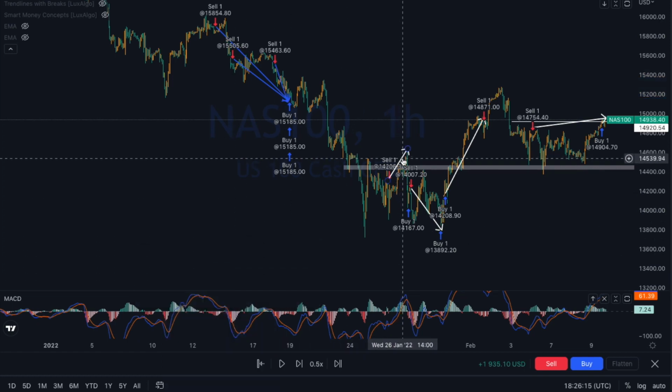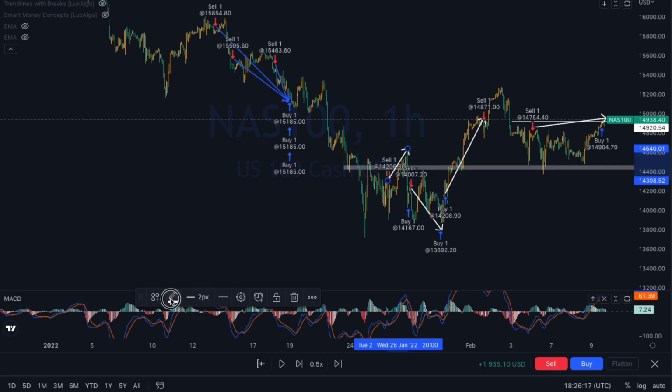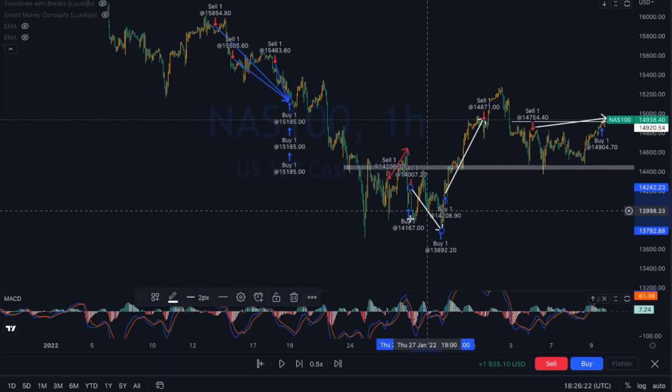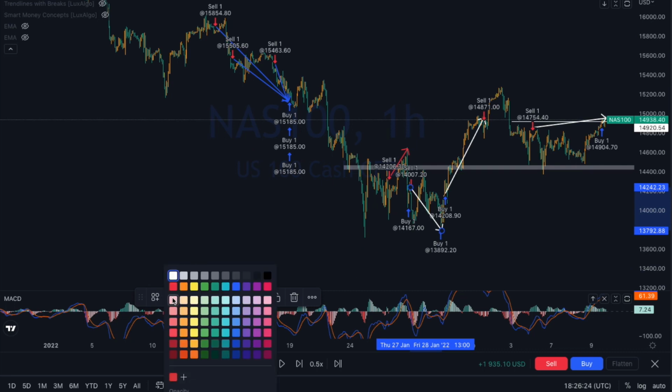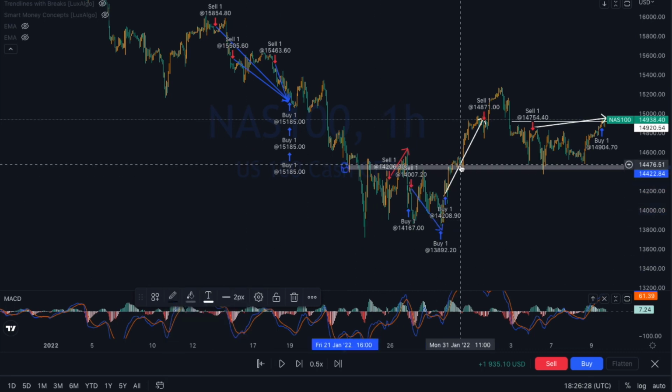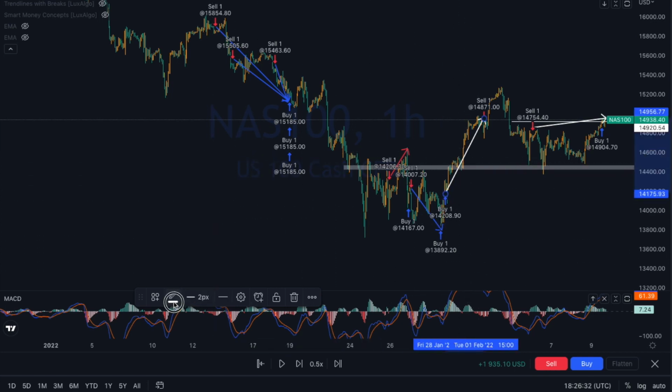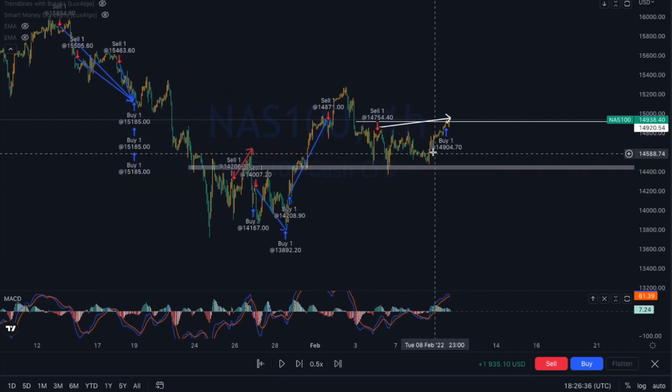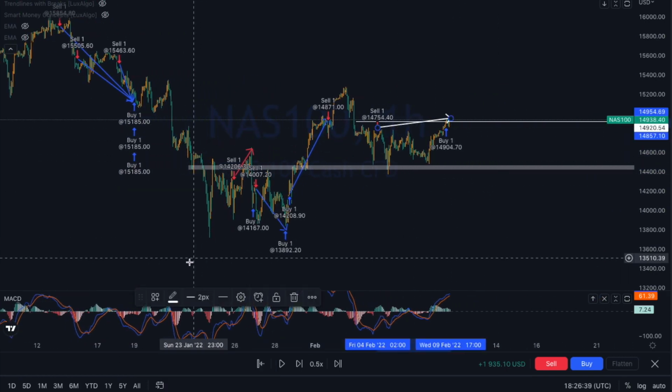This one here is red, not our favorite color. This one here is blue, which is our favorite color. This one here is also blue, our favorite color. And the last one is red, which is not our favorite color.